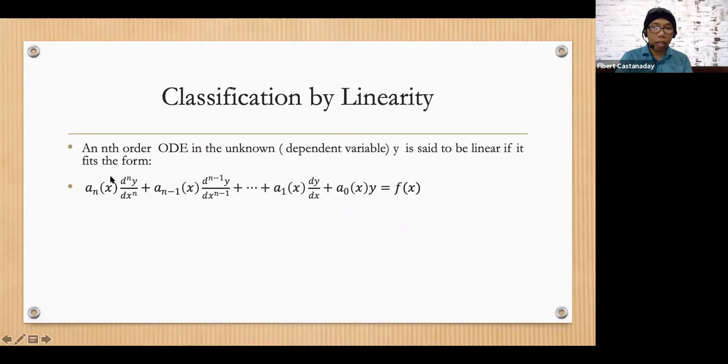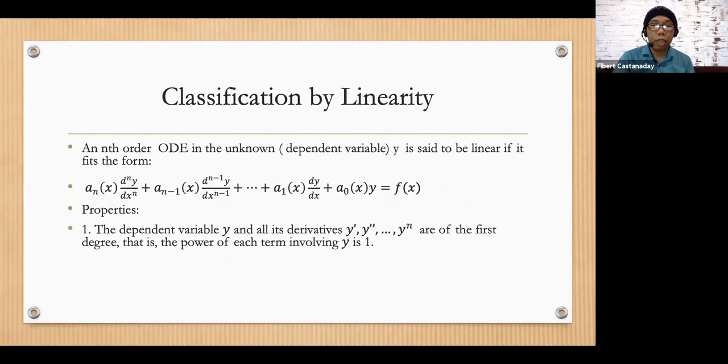A sub n, so these are coefficients na function ni x or function of x. So y is the dependent variable and x is the independent variable in this case. Okay, so how can we make sure that we are stating the fact here that the equation is linear or not. So may dalawang properties tayo.